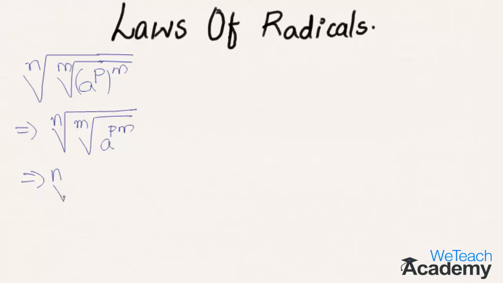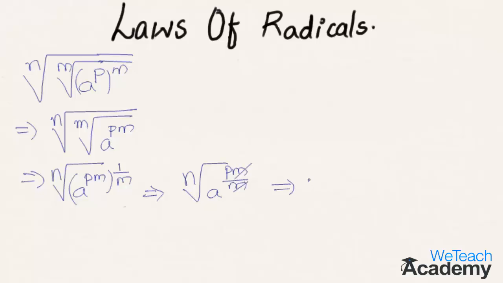So this is nothing but the nth root of a raised to the power pm, and here the mth root can be written as 1 by m. So this is nothing but the nth root of a raised to the power pm by m. So here by cancelling the m, we can write this as the nth root of a raised to the power p.